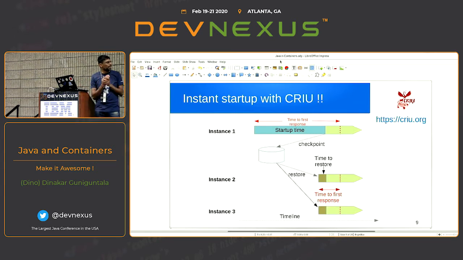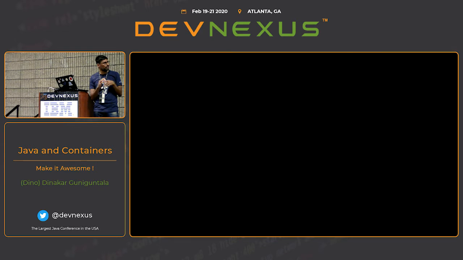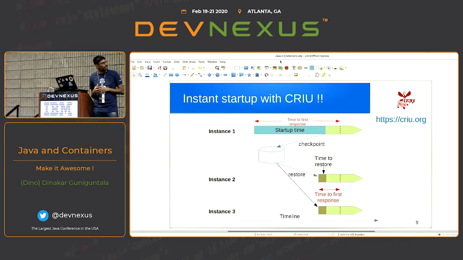Not only is there a significant reduction in startup time, it also helps you to scale pretty rapidly, because once you take a checkpoint, the checkpointed image can be restarted any number of times, and you'll be able to get the same kind of startup benefits.